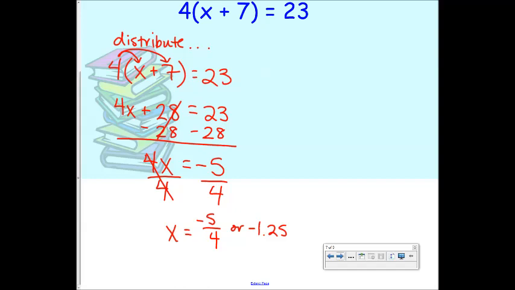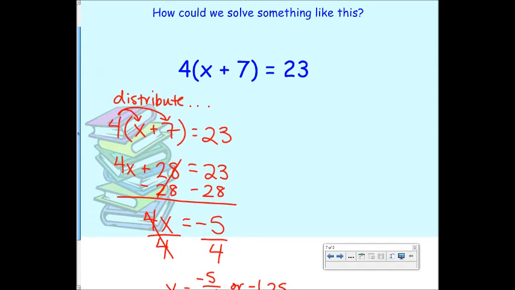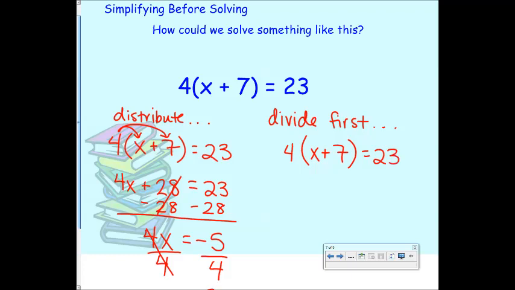All right. My other option is to just get rid of the 4 first. I'm going to do that using division, because again, what kind of math is it when it's right next to a parentheses? Multiplication. There is no symbol, so I'm just going to divide by 4 and divide by 4.